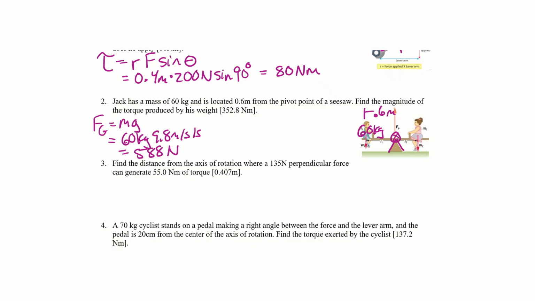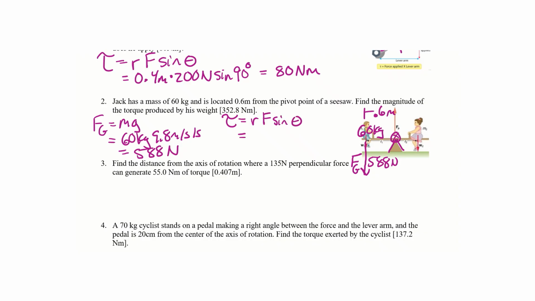When I draw that over here, I can visualize a force that's downward, because the weight will be the force of gravity, and it's 588 newtons. So that's the force of gravity exerted on Jack. How do I use that to find torque? Well, torque is R F sine of theta.